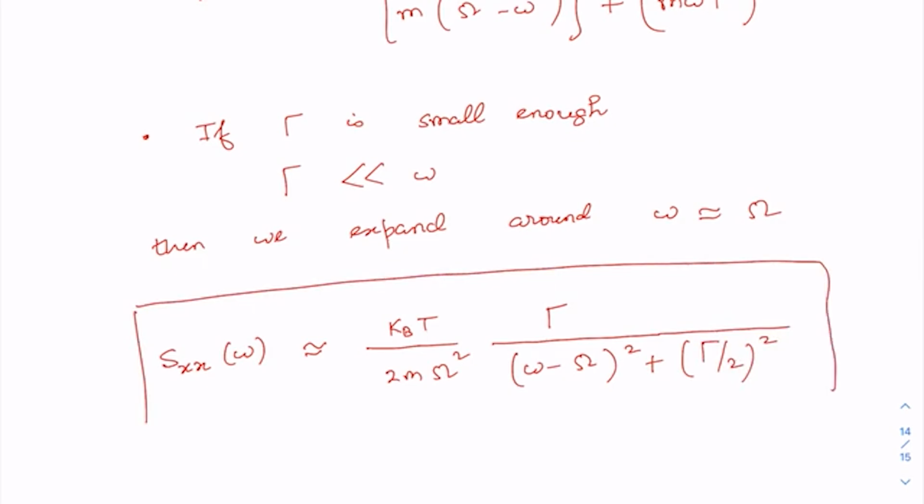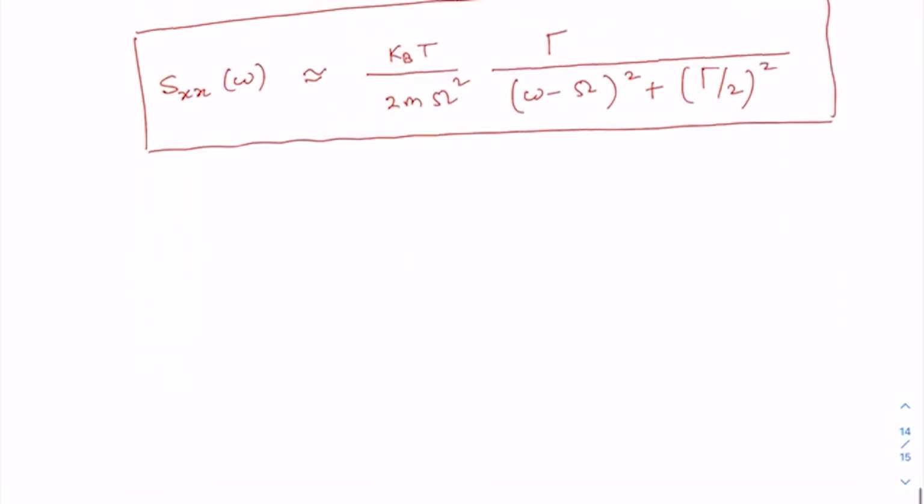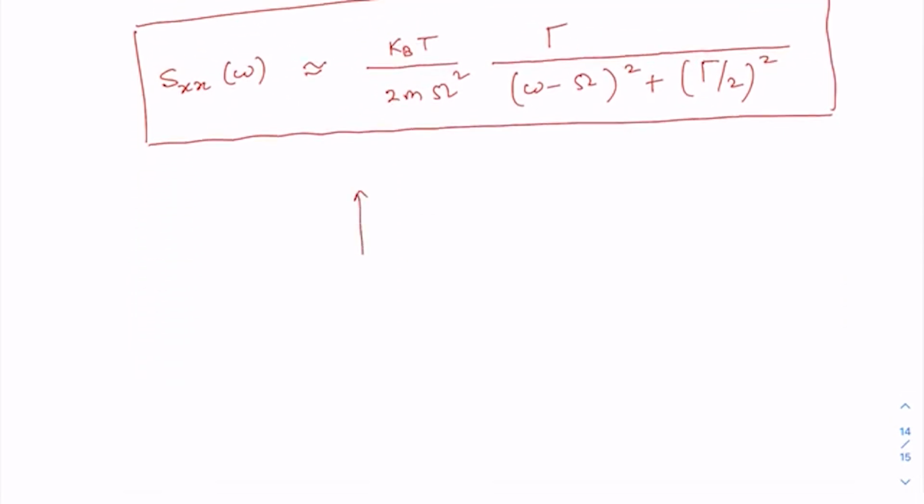Now you see this expression has a Lorentzian form and the typical plot would look like this. So let me just plot it. We have the noise spectrum on the y-axis and omega on the x-axis.